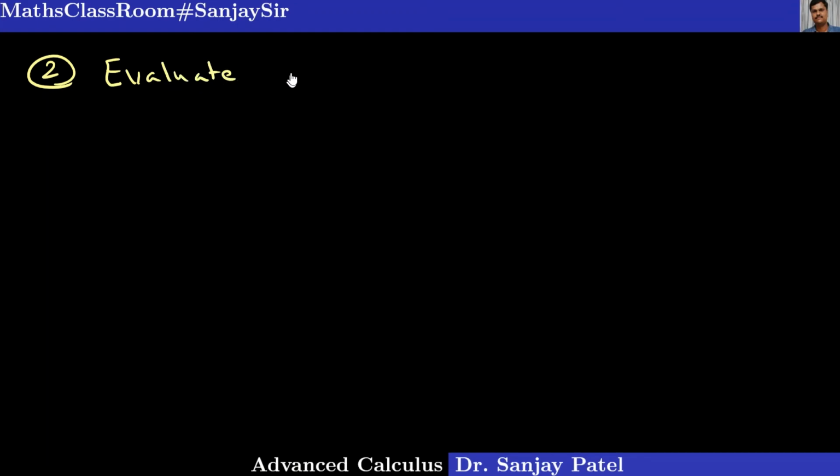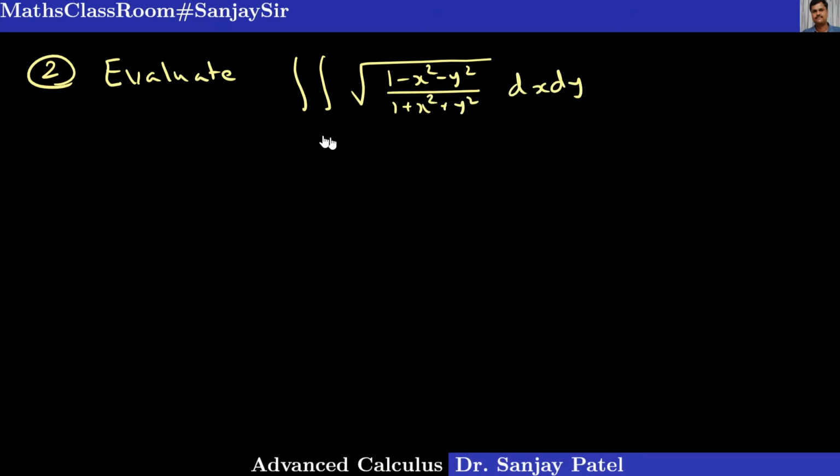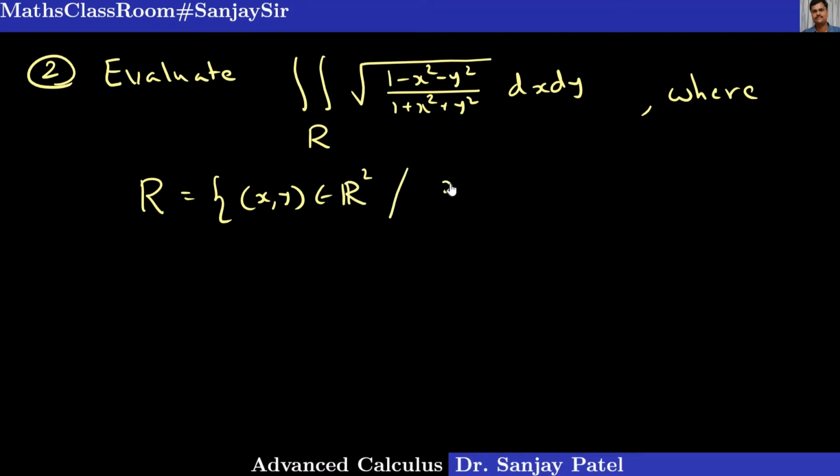Evaluate the double integral of the function (1 minus x square minus y square) upon (1 plus x square plus y square) dx dy over the region R, where the region R is given by all those points in R2 where x is greater than or equal to 0, y is greater than or equal to 0, and x square plus y square is less than or equal to 1.